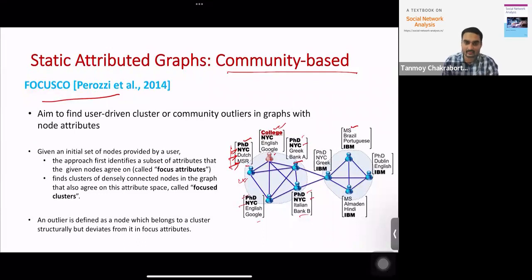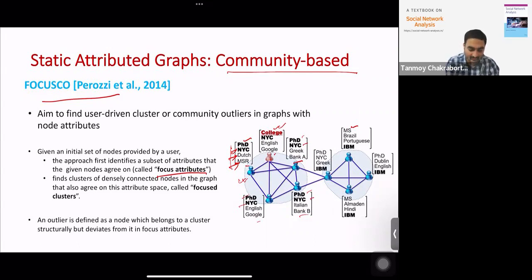What the algorithm says is that first the annotator, or the third party, would mention that I would like to detect anomalous nodes from a community with respect to a particular attribute. And this attribute is called the focus attribute. So we first identify the subset of attributes which are focus attributes.